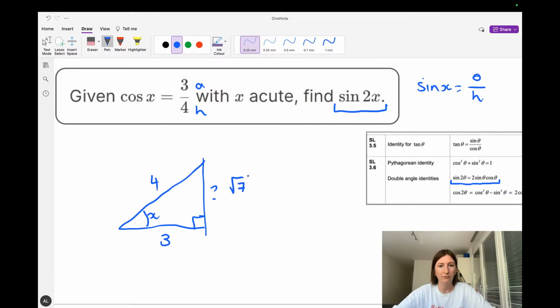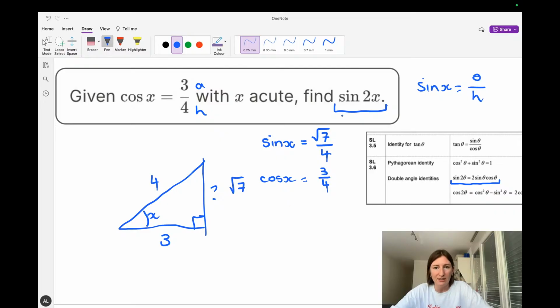So to write sine x, remember we're not done yet because we need sine 2x, but sine x is then going to be opposite, so root 7. Oop, why did I write 3? Root 7 over hypotenuse, which is 4. Okay, so we've got sine x, and we were given cos x is 3 over 4.